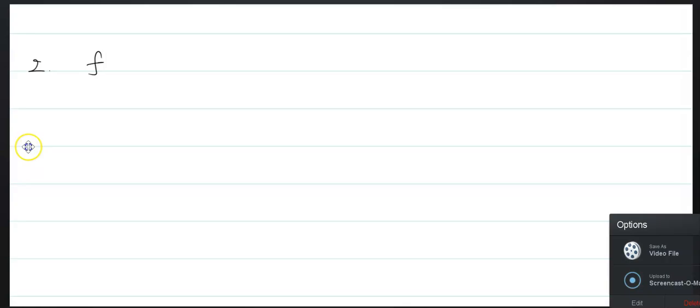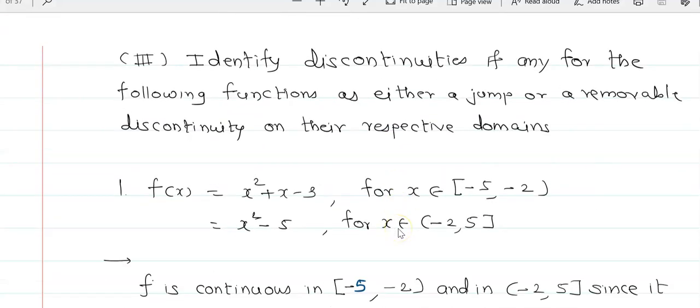Now let me see this again here. Identify the discontinuity, if any, for the following functions as either a jump or removable discontinuity on their respective domains. F of x is equal to x square plus x minus 3 for x belongs to minus 5, open minus 2. F of x is equal to x square minus 5 for x belongs to open minus 2 and closed 5. The given function breaks at x is equal to minus 2.